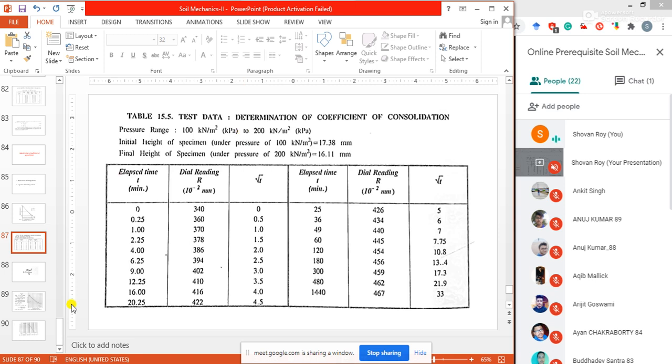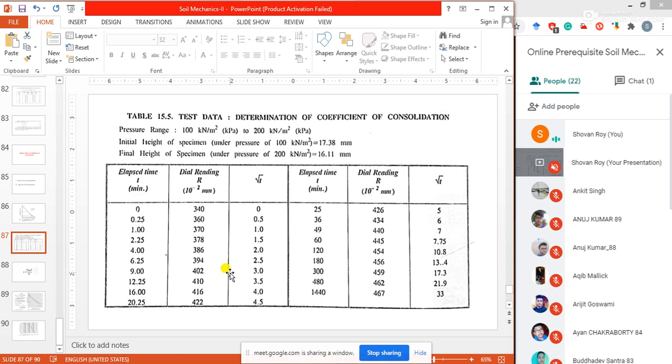The initial height of the specimen under a pressure of 100 kN/m² is 17.38 mm, and the final height of the specimen, that means your soil specimen, is 16.11 mm. So the first pressure is 100, the second pressure is 200, the initial reading is 17.38 mm and the final height of the specimen is 16.11 mm.